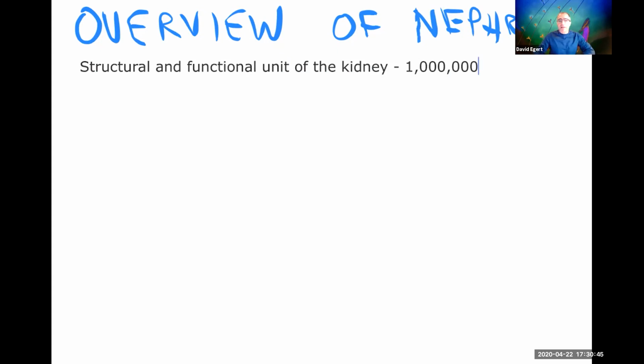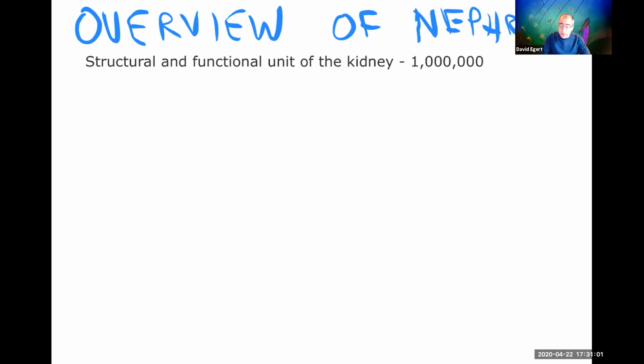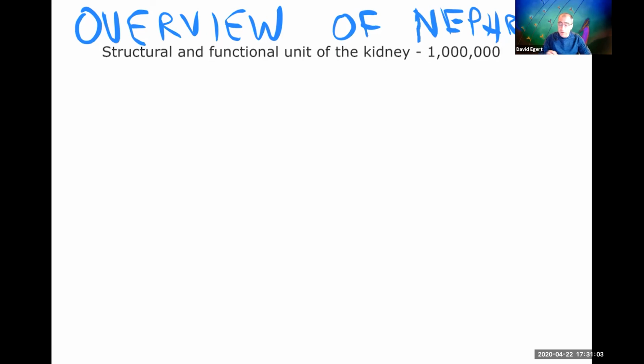There's about a million of these repeated again and again. So if you understand the basic activity of the nephron, you've got at least the core idea of how the kidney accomplishes what it does. We'll look at the nephron in more detail, but for right now, I just want to introduce these ideas so they can percolate. And when I dig into the nephron proper, you'll already have seen the basic idea.